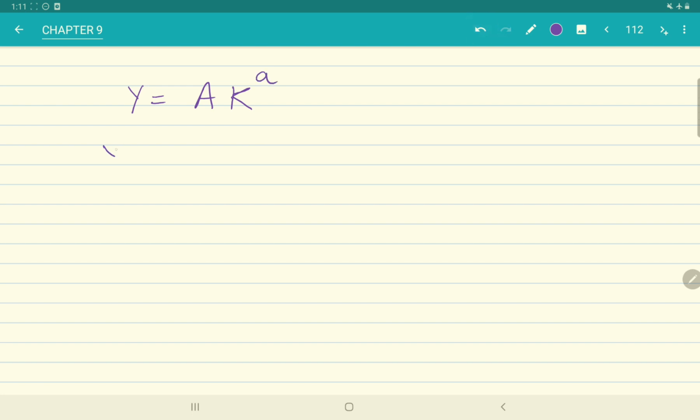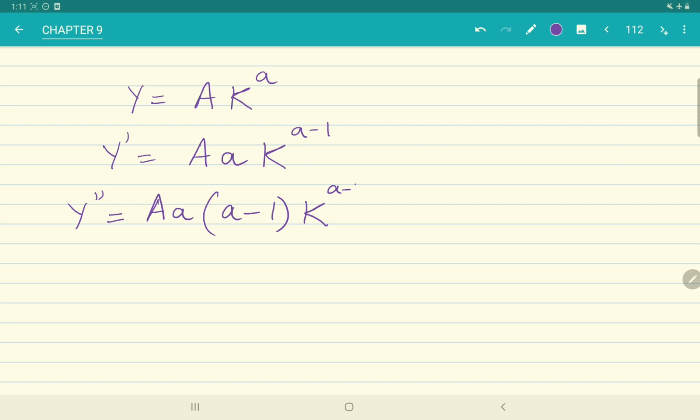I go for y prime first, which gives me A a k^(a-1). Now I go for y double prime, that means I differentiate y twice with respect to k. That gives me A a (a-1) k^(a-2).